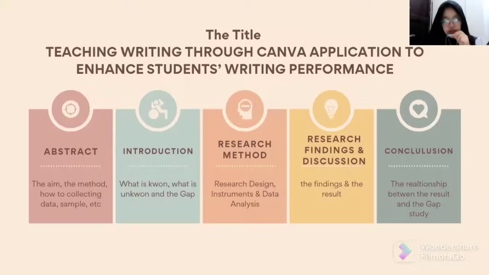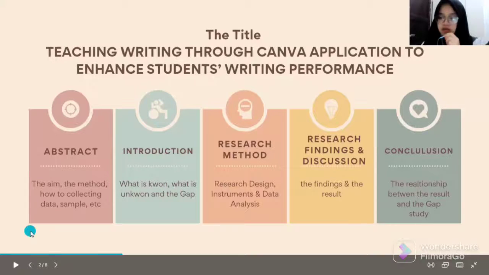The third part is the research method. This is talking about the research design, the instruments, and the data analysis. The fourth is the research findings and discussion. This talks about the relationship between the result and the gap of the study.